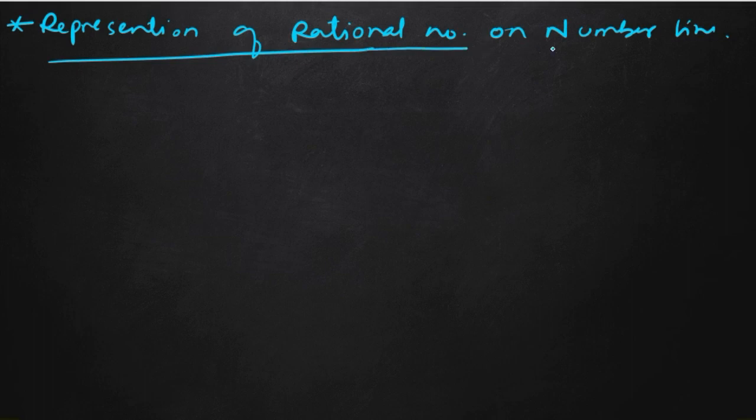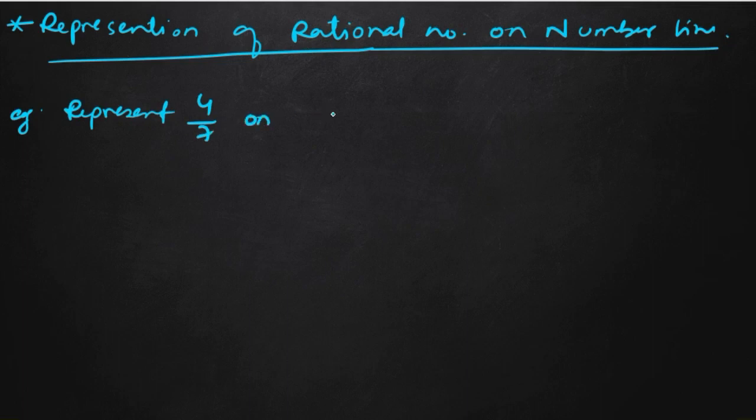Suppose we take one example, so let us understand this with one example. Suppose the question is: represent 4 by 7 on the number line.